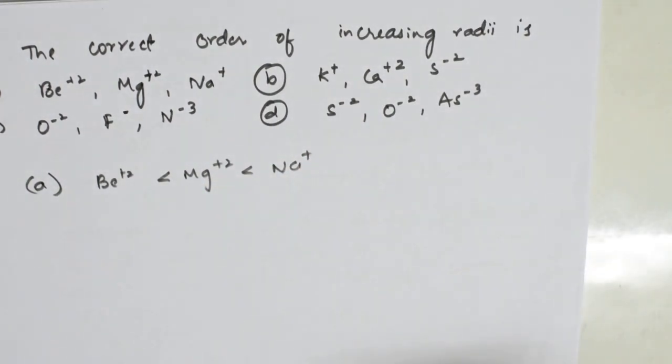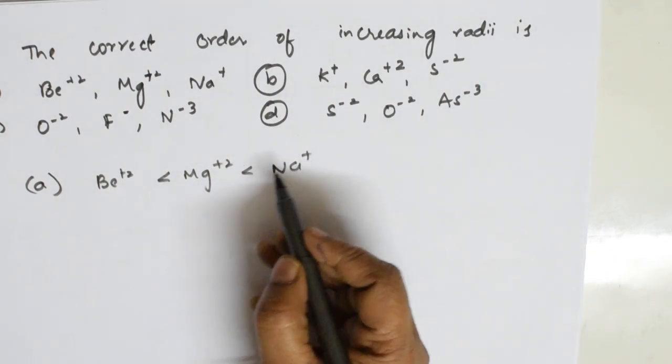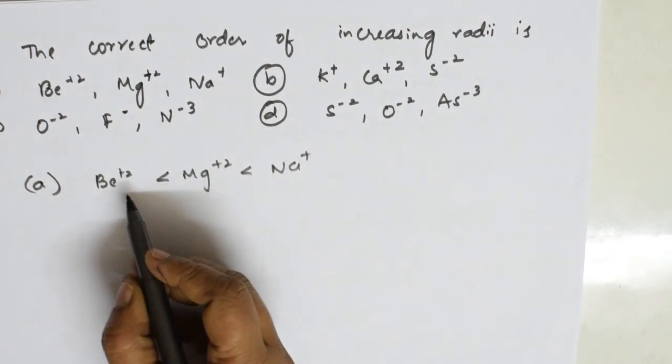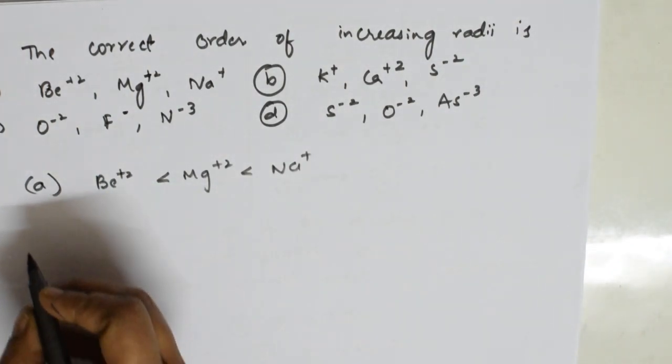This is the correct order, because sodium with atomic number 11, after losing an electron, has 10; magnesium 12 has 10; and beryllium 4 has become 2. So this is the correct order.